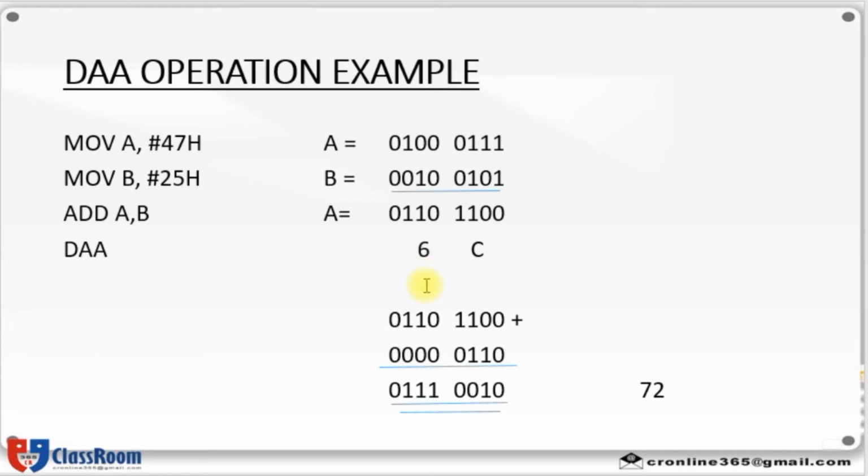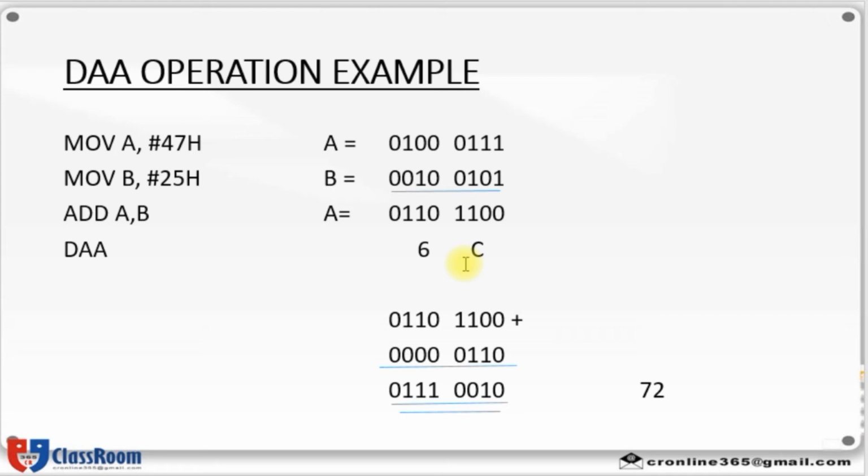So you can add it with 0. And here is the problem: C is not a BCD number, so here you have to add 6 to this C. After addition, 0 plus 0 is 0, 0 plus 1 is 1, 1 plus 1 is 0 with a carry, 1 plus 1 is 0 with a carry. That one will be carried over here, then transferred here.